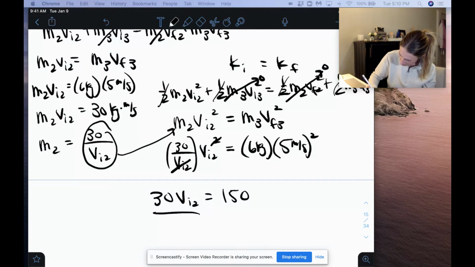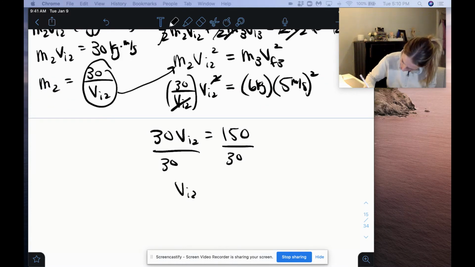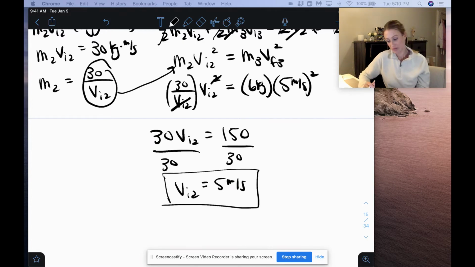And then we're going to divide both sides by 30. And we get 150 divided by 30, which is V initial 2 is 5 meters per second. So V initial 2 is 5 meters per second, which is the same as V final 3, which is interesting.